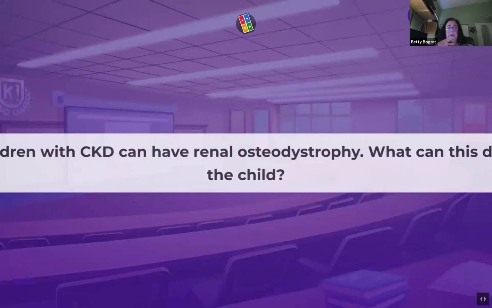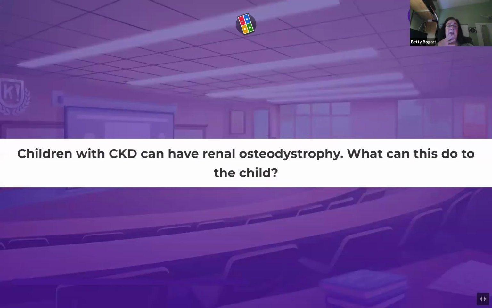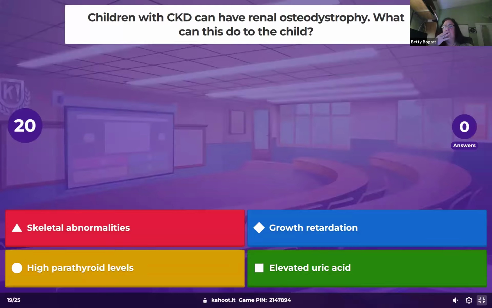A multi. Children with chronic kidney disease can have renal osteodystrophy. What can this do to the child? What does osteodystrophy mean? Osteo is bone. Dystrophy is abnormal.